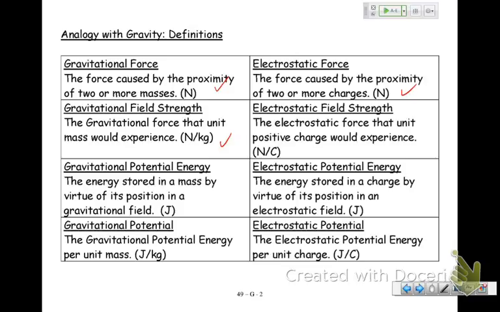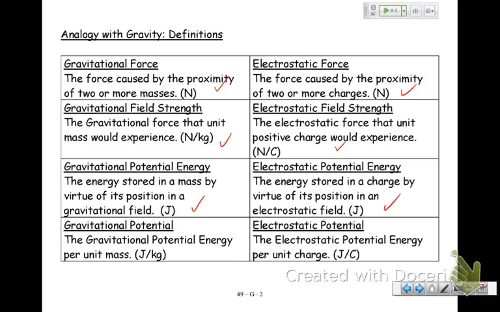And the electrostatic field strength is the electrostatic force that a unit positive charge would feel if it was there. Again, you don't need that second charge. Gravitational potential energy is the energy stored by a mass by virtue of its position in a gravitational field. And electrostatic potential energy is the energy stored by a charge by virtue of its position in an electric field.